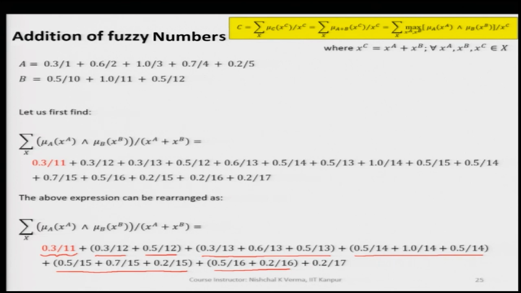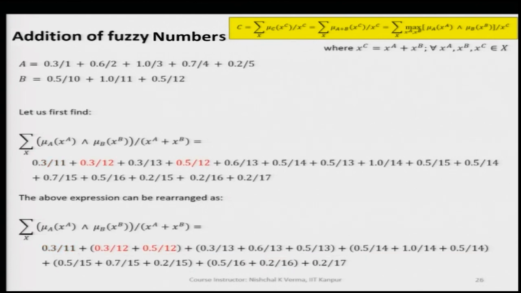So, this way we rearrange these terms, and now what we do here is that we take the max of these terms for which we have generic variable values same.